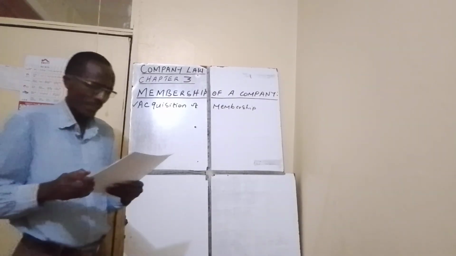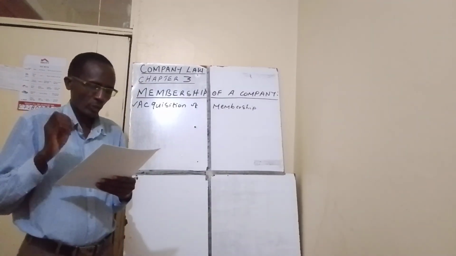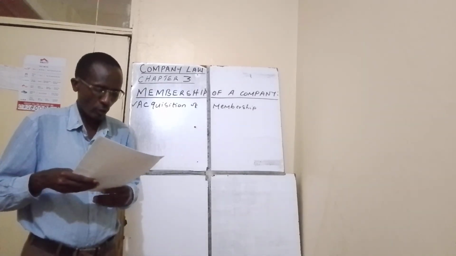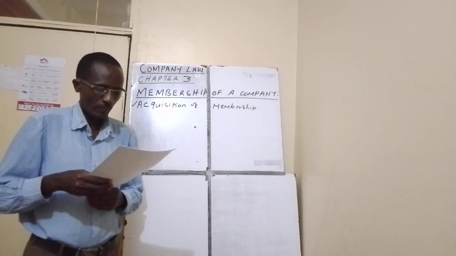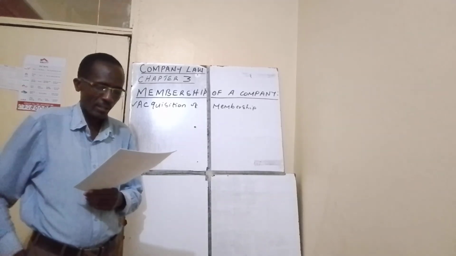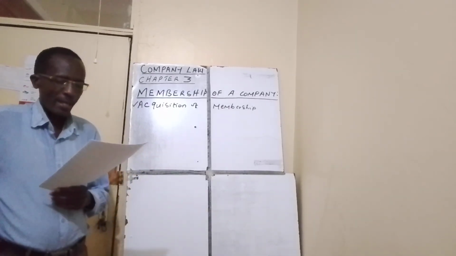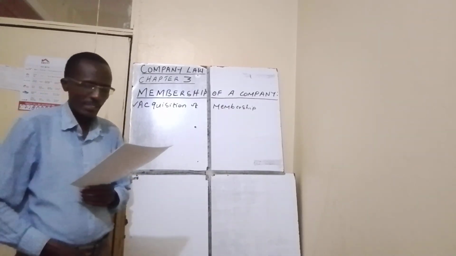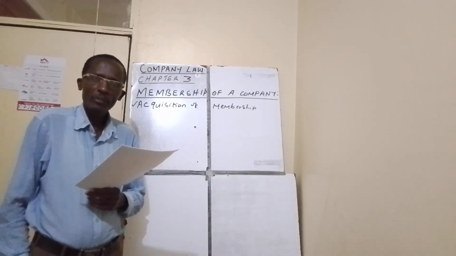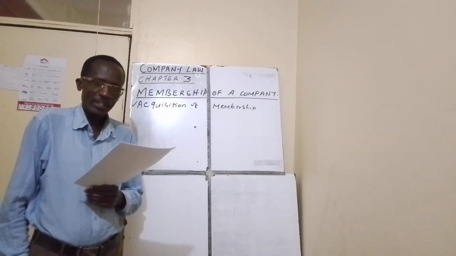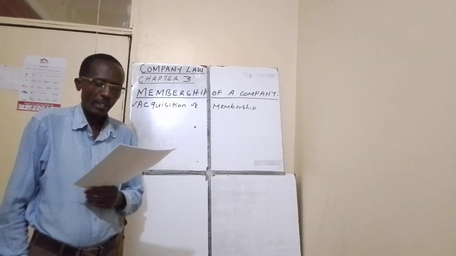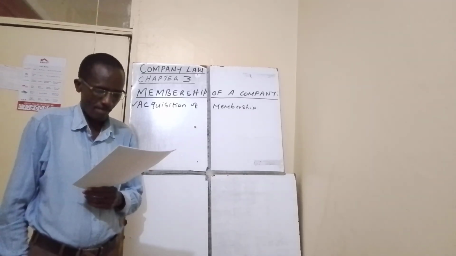I mentioned earlier that Section 28 of the Company Act does not define the word member. Rather, it states the ways in which a person may become a company member.